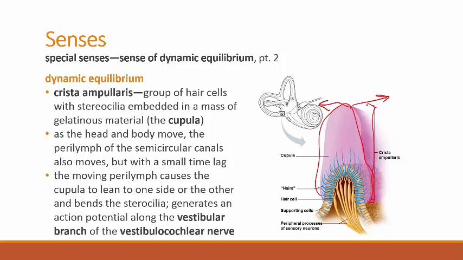And we get this movement because as the body begins to move forward, that shouldn't be perilymph, that should be endolymph, I think. I'm going to have to look that up again. But you can check it yourself. I believe it's the endolymph that's inside the semicircular canals that will also move.